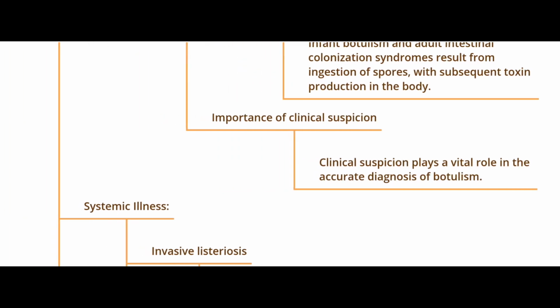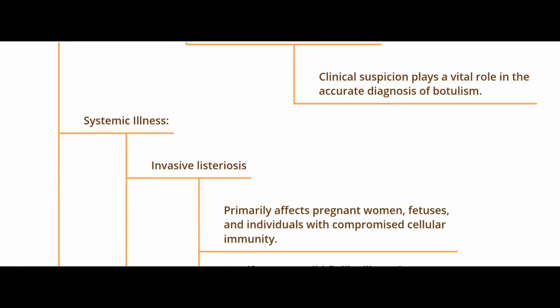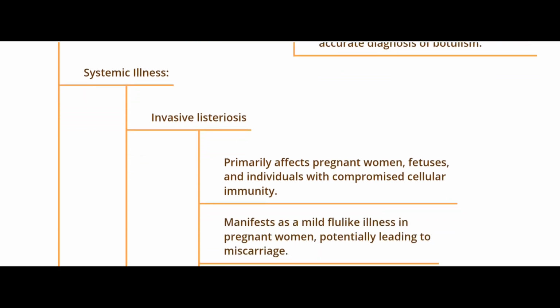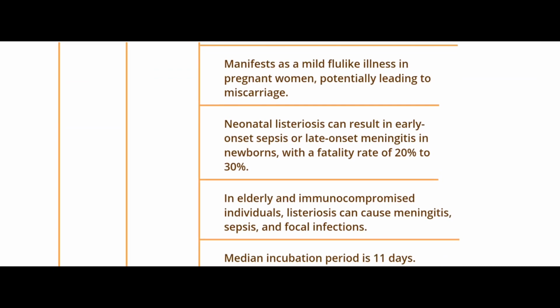Now, if we talk about systemic foodborne illnesses, we can start with listeriosis. It primarily affects pregnant women, fetuses, and people with compromised cellular immunity. It is a mild flu-like illness in pregnant women and can lead to miscarriage, and can lead to neonatal listeriosis, which can result in early onset sepsis and late onset meningitis in newborns, and the fatality rate is around 20 to 30%.